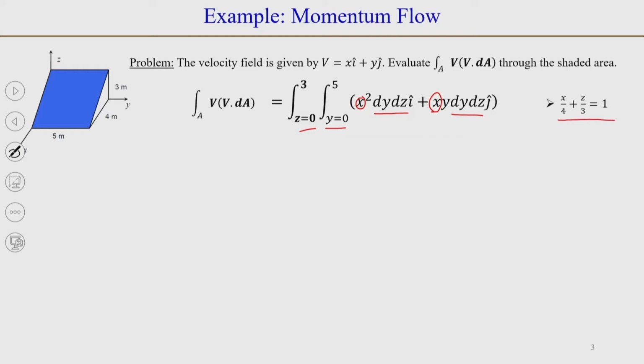We can write x is equal to 4 into 1 minus z by 3, and when we substitute and integrate, we will get the answer in this form: 80 i plus 75 j. I will leave it to you to do the little bit of algebra and calculus and find out the answer.